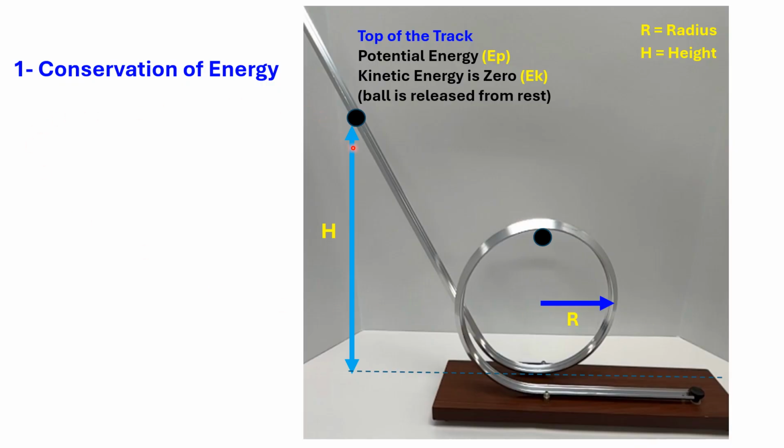Considering the sphere is released from the top of the track, its kinetic energy is 0. However, there is a potential energy due to the height above the ground. At the top of the loop, we have both kinetic and potential energy. The ball is above the ground, and it has speed.